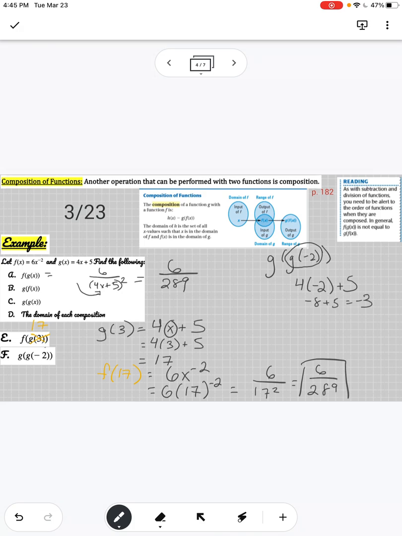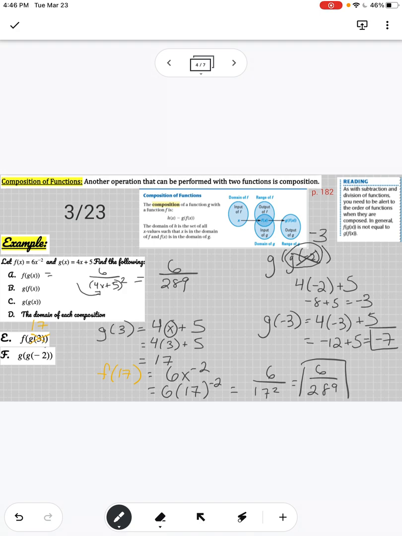So now we found g of negative 2 to be negative 3. So this has become negative 3. So now we find g of negative 3, which is 4 times negative 3 plus 5, which is negative 12 plus 5, which is negative 7, which is what we got already.